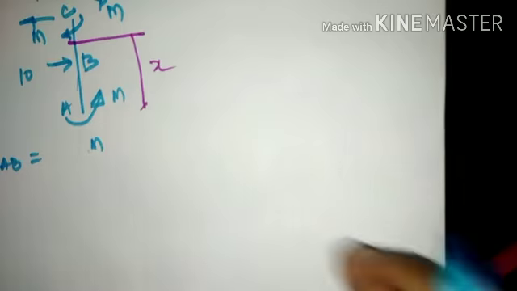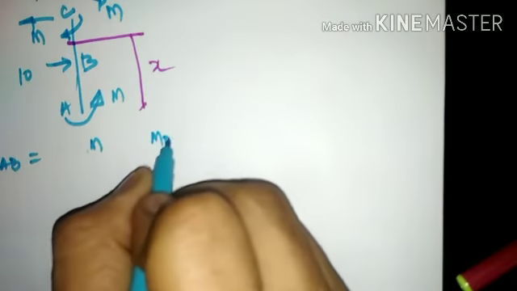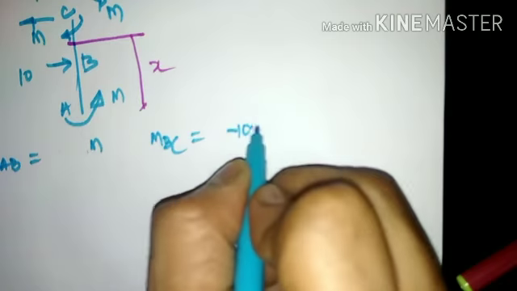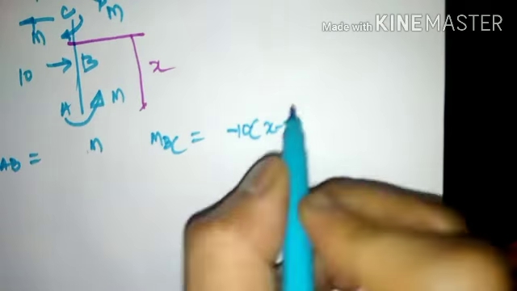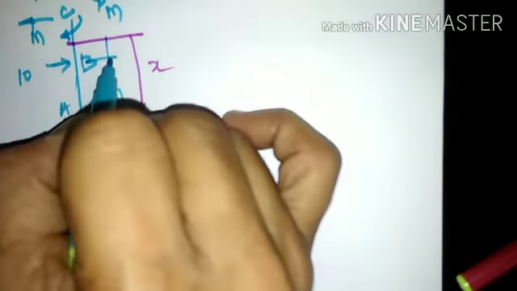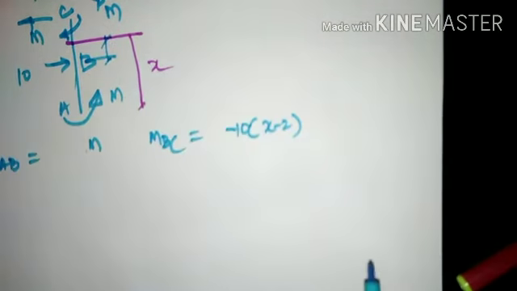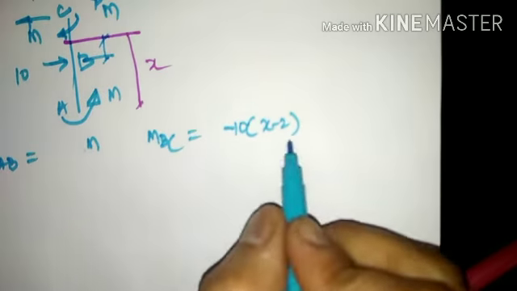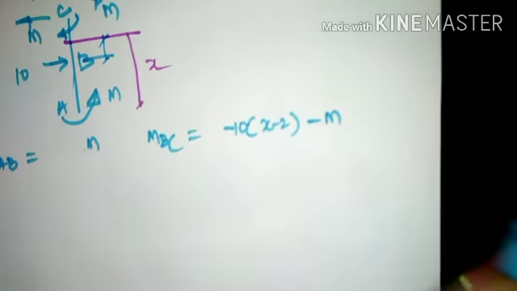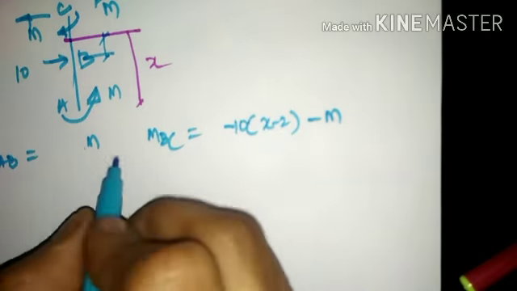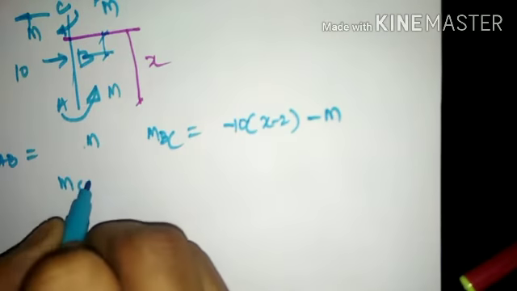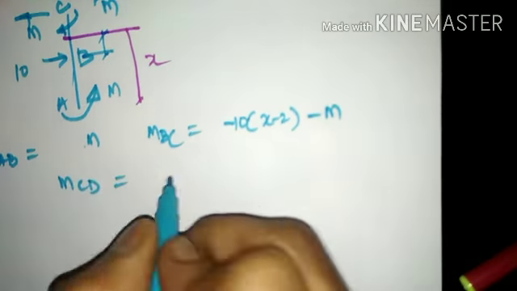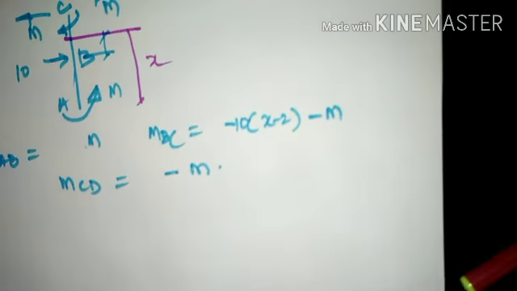So MBC, when I write it up now here, MBC will be minus of 10 into (x minus 2), because this particular distance will be x minus 2, and M is in the anti-clockwise direction. So minus of 10 into (x minus 2) minus of M. Then the last term here, MCD, will be minus of M again further.